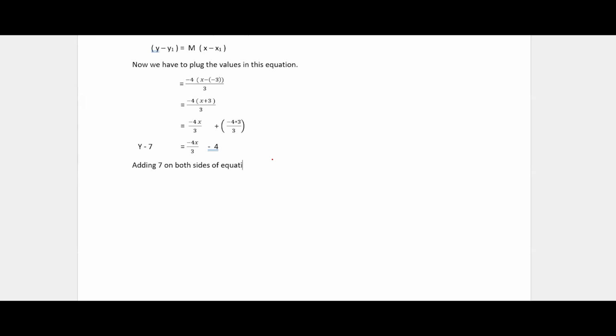After adding 7 on both sides of equation, we get, so this is the equation of line that passes through the given points.